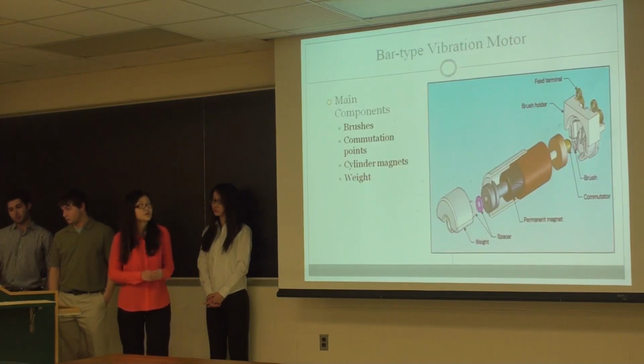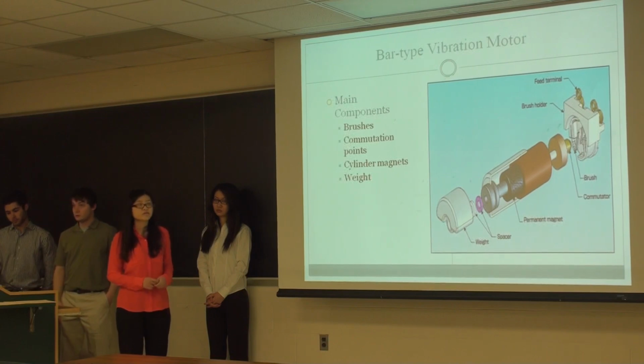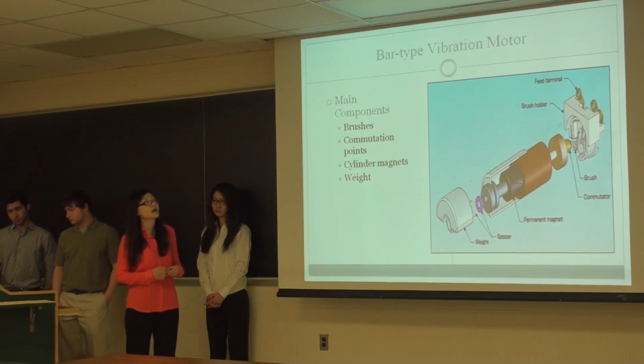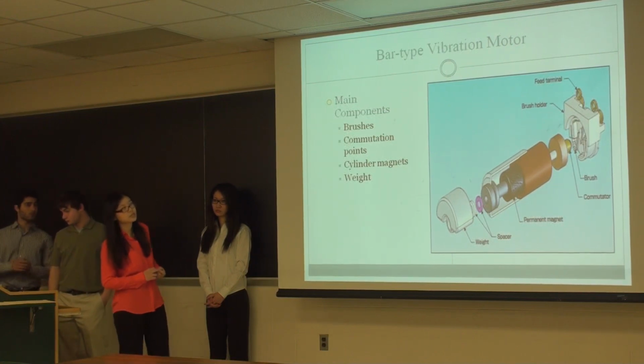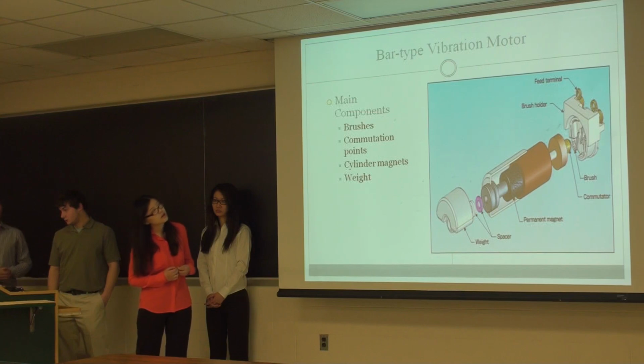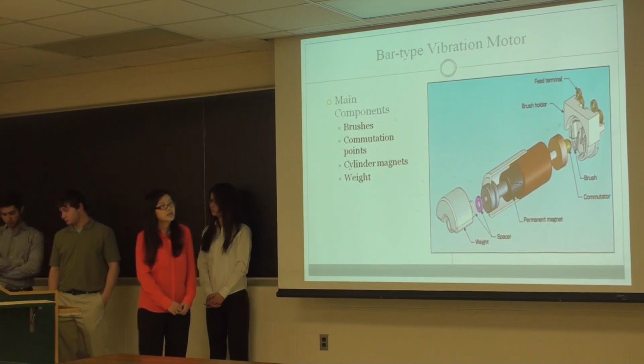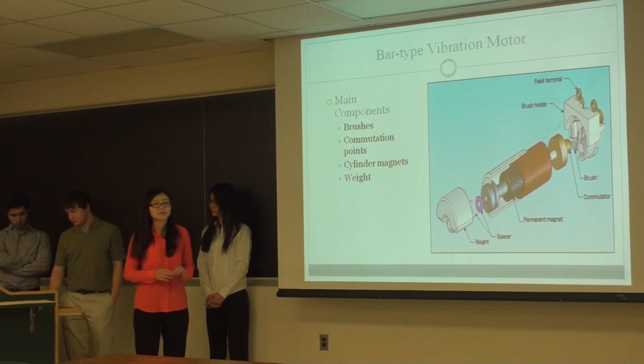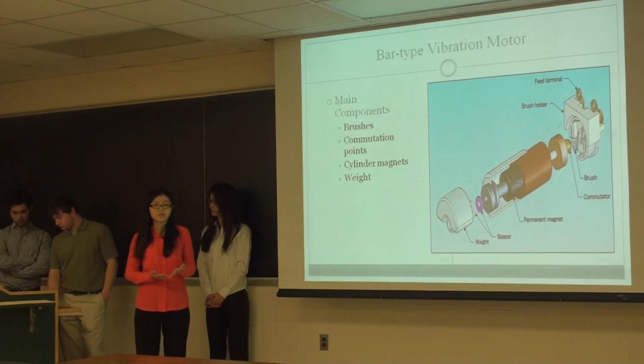Vibration motors are configured in two basic varieties. The first one is coins, and the second is cylinders. The cylinder type is also called the bar type vibration motor, and here's a picture of it. As you can see, this kind of motor is essentially a motor that is improperly balanced.